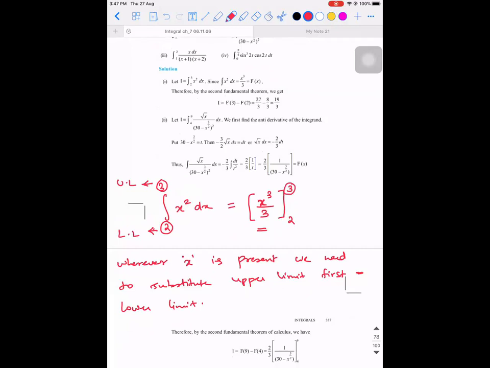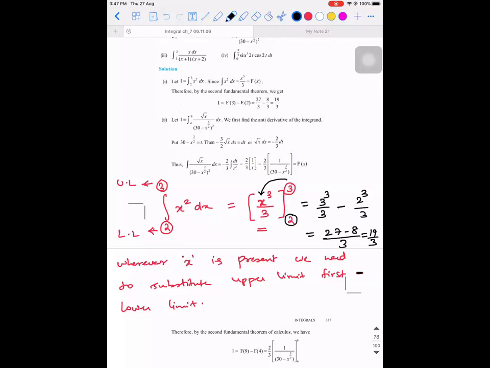What is the upper limit? It is 3. So I first substitute the value 3 in place of x. Then I get 3 cubed by 3. This minus, substitute the lower limit in place of x, that will be 2 cubed divided by 3. So 3 cubed divided by 3 minus 2 cubed divided by 3. 3 cubed is 27 minus 8, divided by 3, which is 19 by 3.